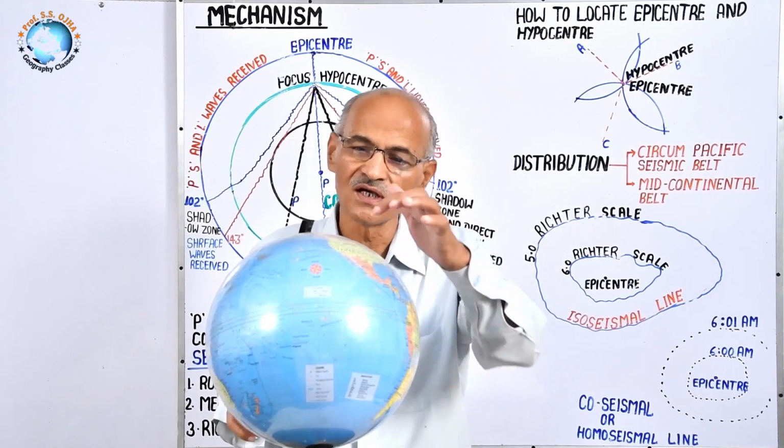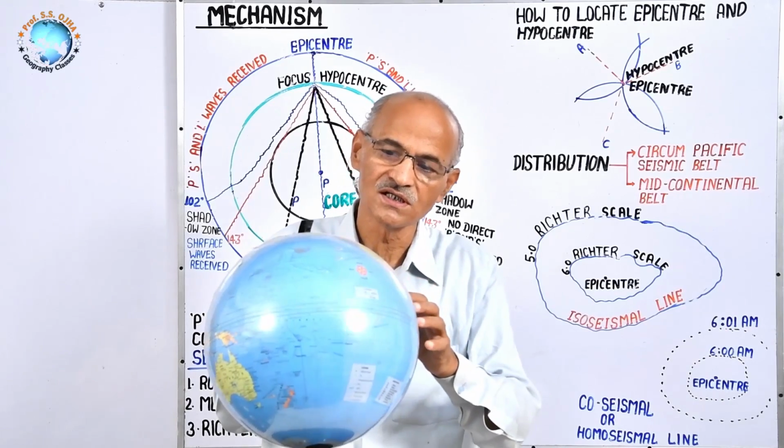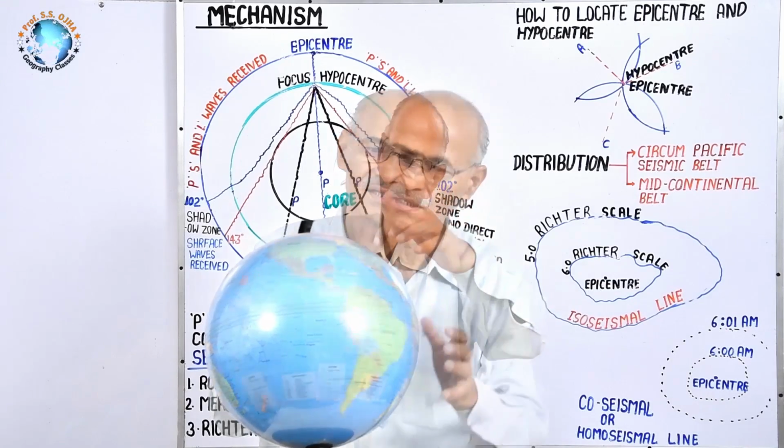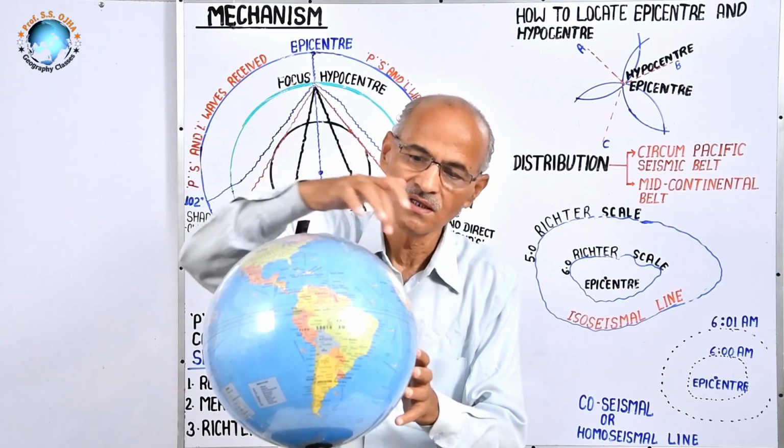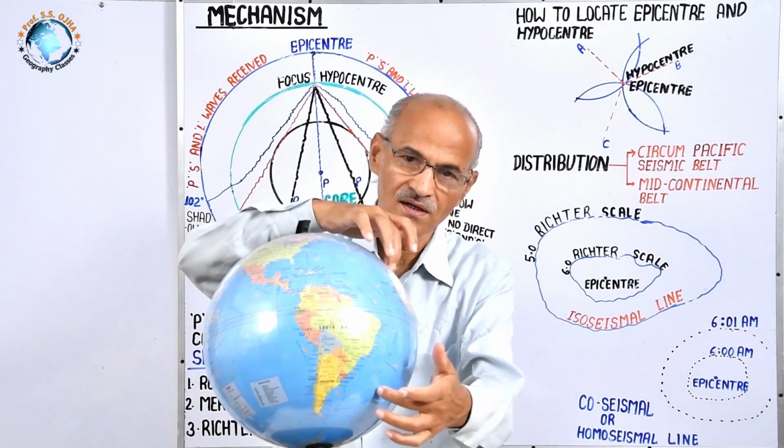Suppose there are three seismological stations located on land in North America, Europe, and Africa.